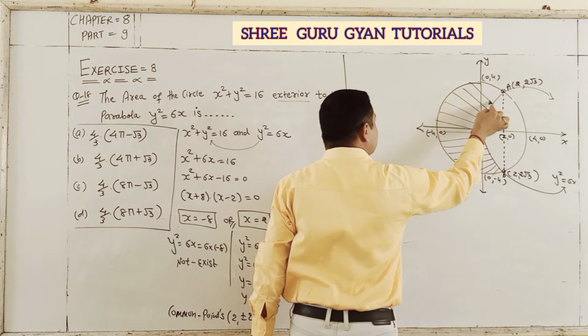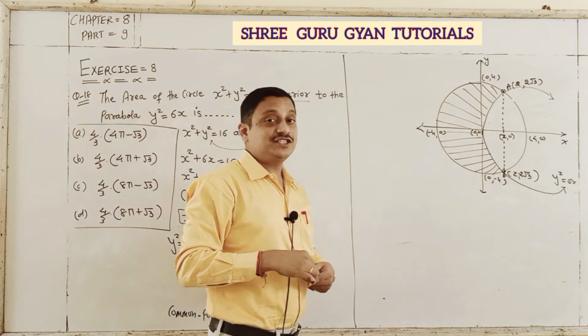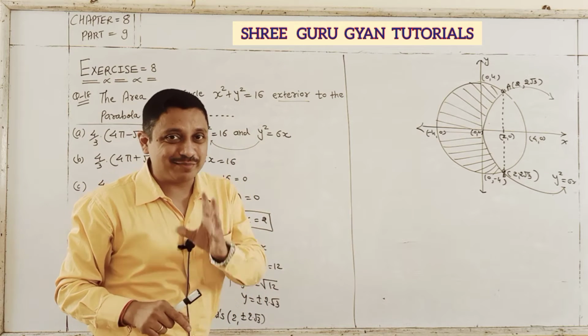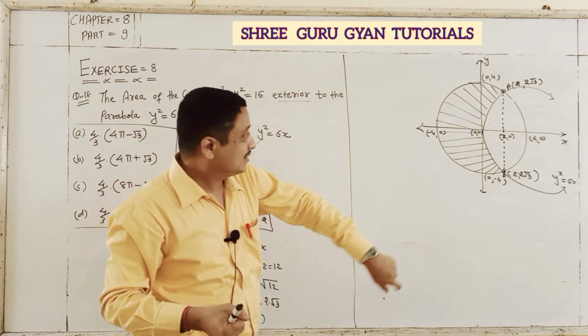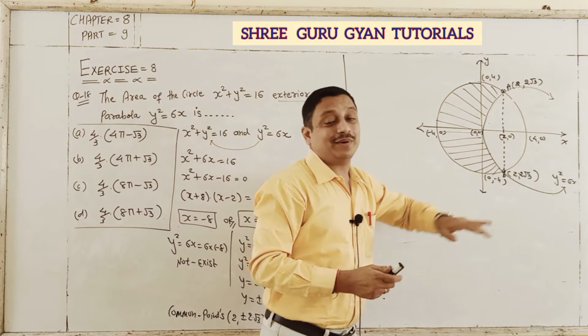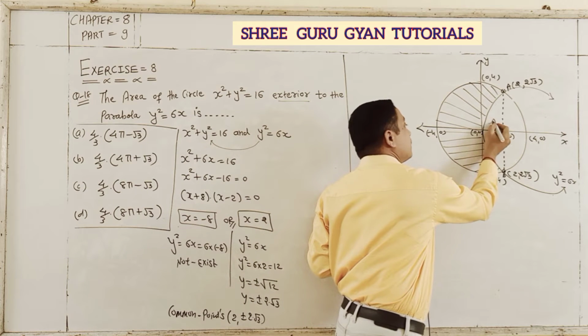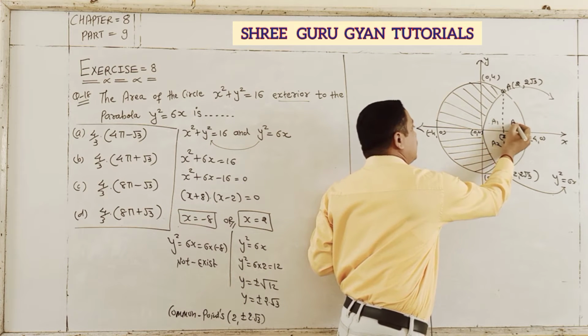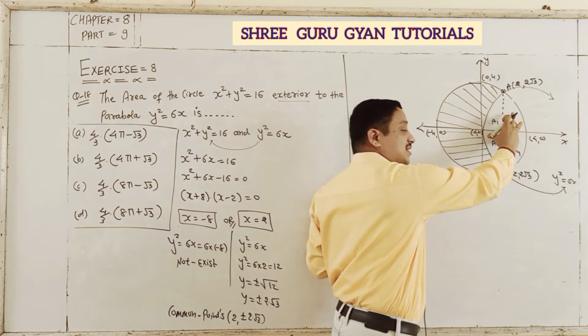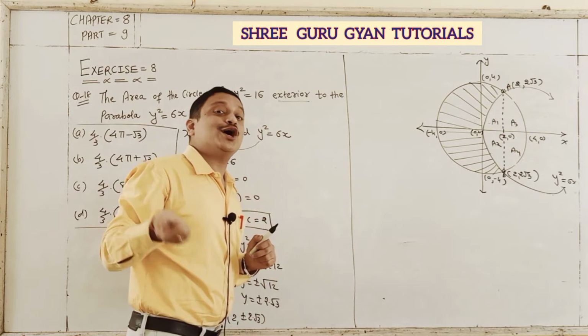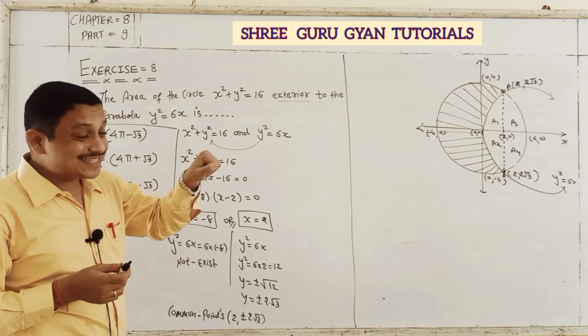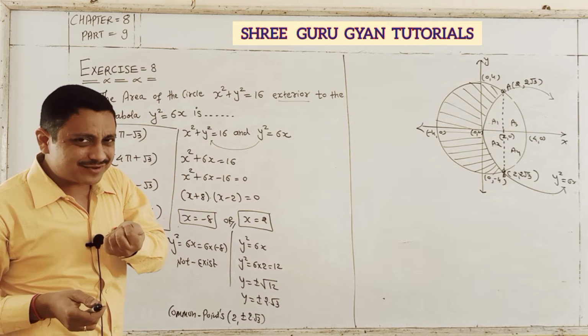So very easy. The whole circular region you know, area of the circular region is pi r square, minus this and this circle part, it means this A1, A2, A3 and A4. These are subtracted from the area of the circle. So first I calculate this, after that the circle area subtraction.